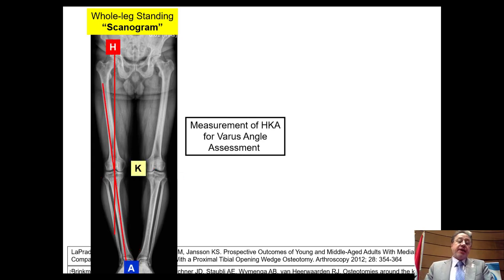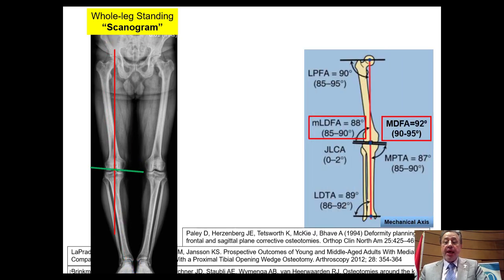Now, on this X-ray, we measure the HKA angle, which is the angle of the malalignment in the frontal plane. The H is the center of the hip, the K is the center of the knee, and the A is the center of the ankle. In addition to the HKA, we should also perform these measurements. The first is the mechanical medial and lateral distal femoral angle, as you can see on your right.